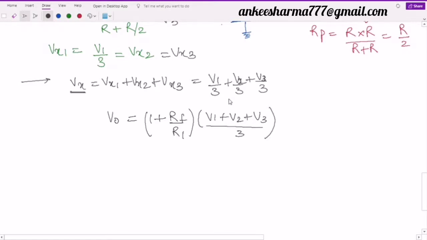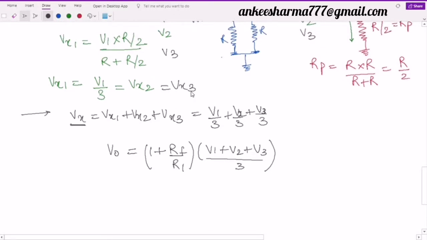Okay, यहाँ पे भी मैंने गलत लिख दिया, I will change it here, इसको लिख देते हैं हम यहाँ पे, and Vx by 2 is equal to V2 by 3, because the voltage we have considered there is V2, and in the case of Vx by 3 it is equal to V3 by 3, right? So we will get this voltage V0.